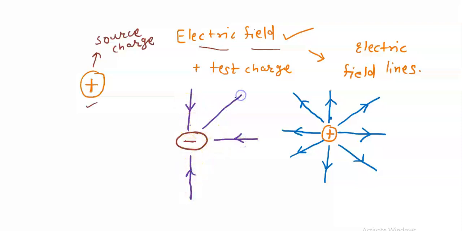The reason being that the unit positive charge gets attracted towards the negative charge. So this is how you can draw the electric field in terms of electric field lines.